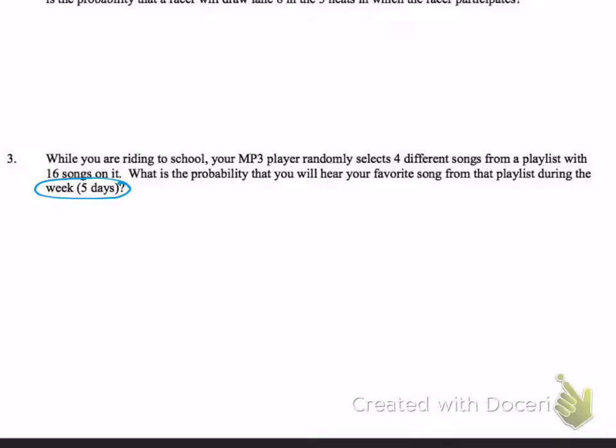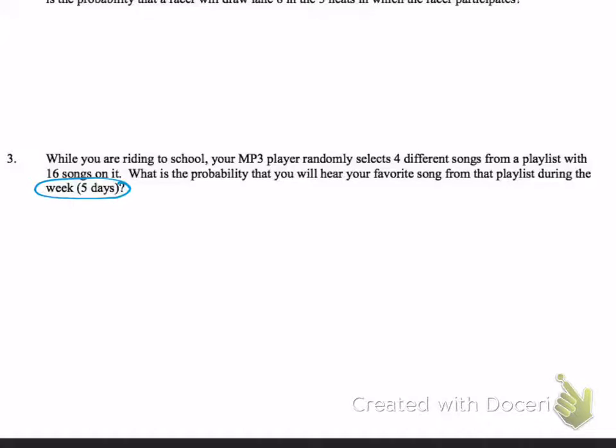However, if I'm thinking about Monday, I'm listening to 4 songs on shuffle. Would those songs be independent or dependent of each other if you have them on a playlist? Dependent, because once you've heard one song, it's done, and you listen to all the other 15 songs before you will start over. So what's the probability? Let's say that I want to hear this one song really badly, and I've got 16 options.